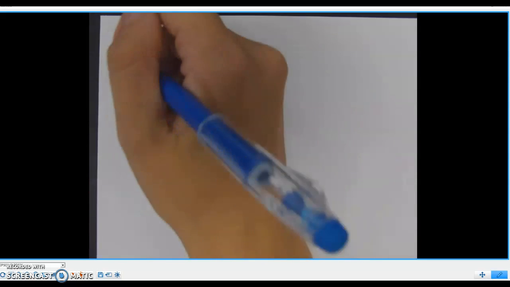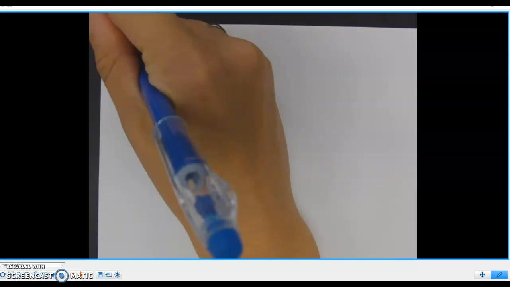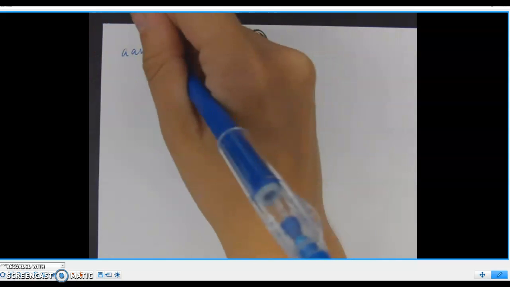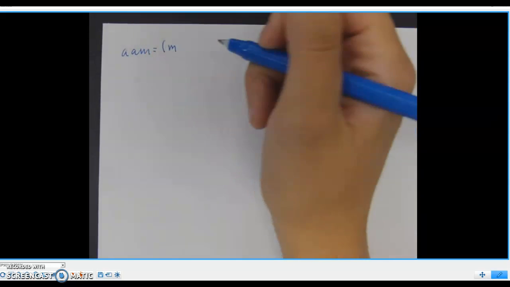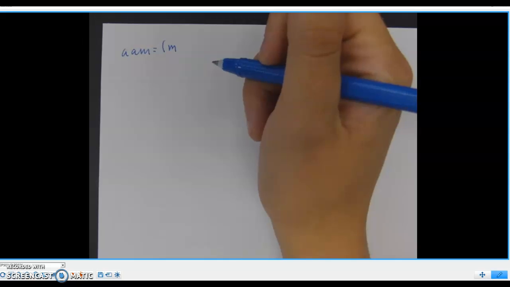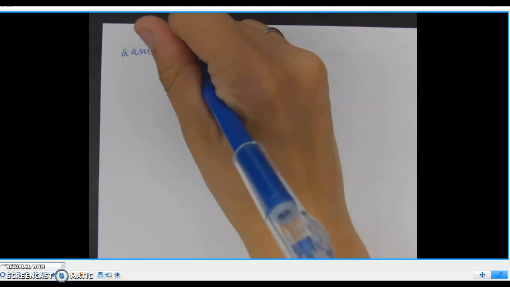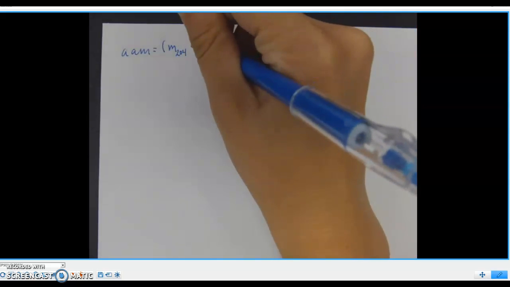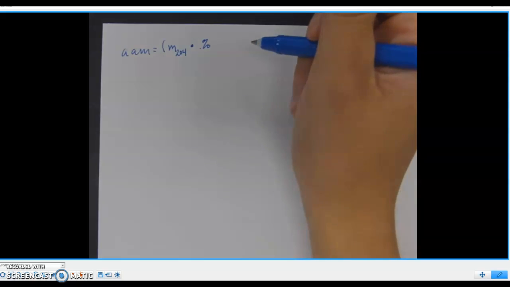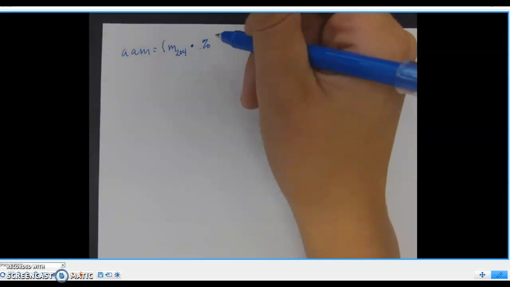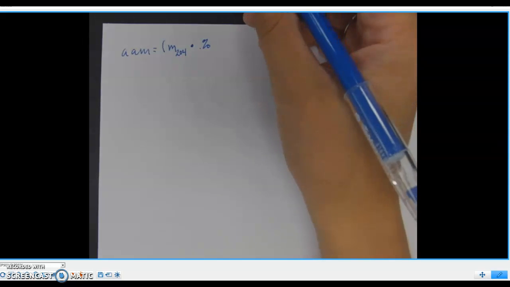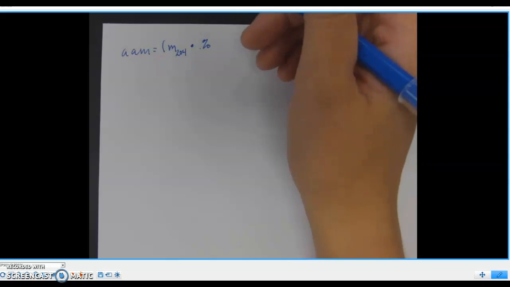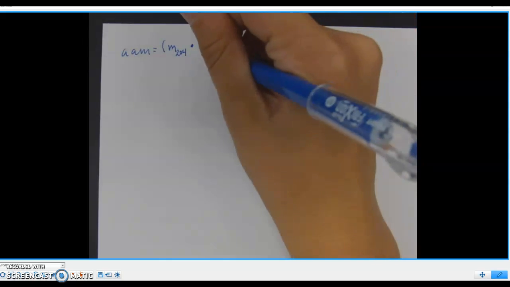So if I am calculating average atomic mass, I need to take the mass of one of the isotopes, like the first one is 204, and then multiply it by the decimal form of the percent abundance, or the fraction form, because it's in a percent right now, and we got that by multiplying by 100, so we need to divide by 100 to take it out of that form.